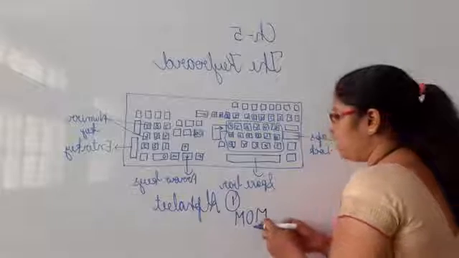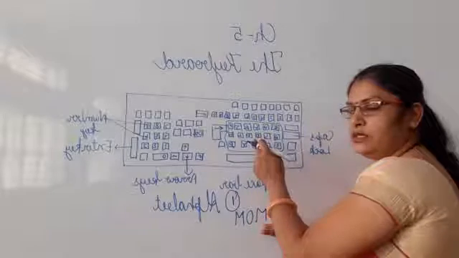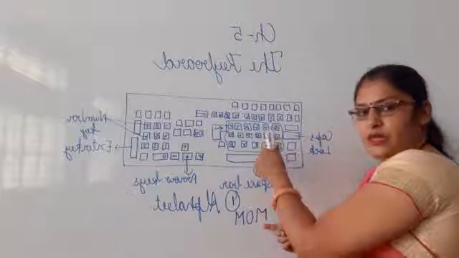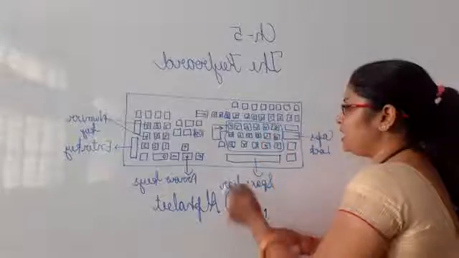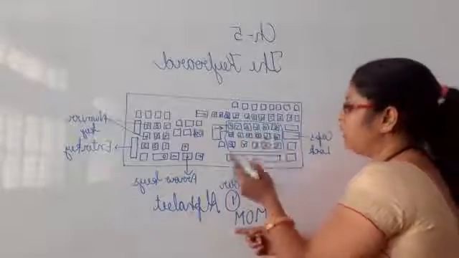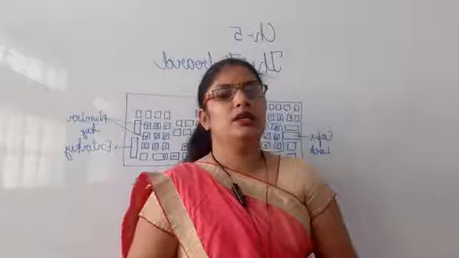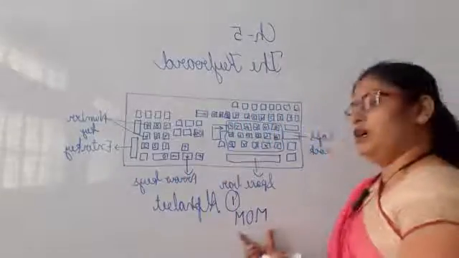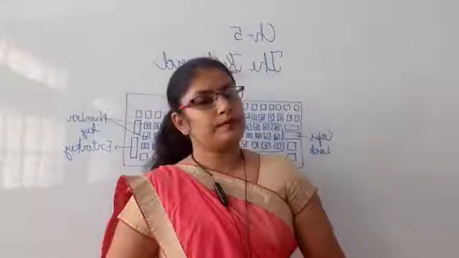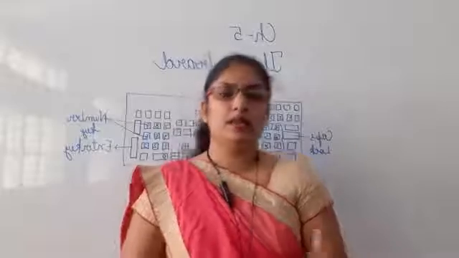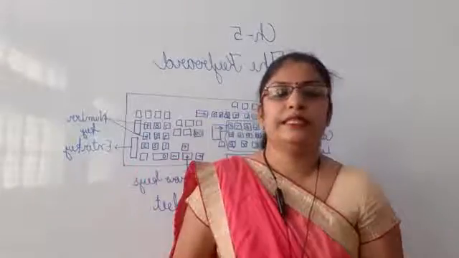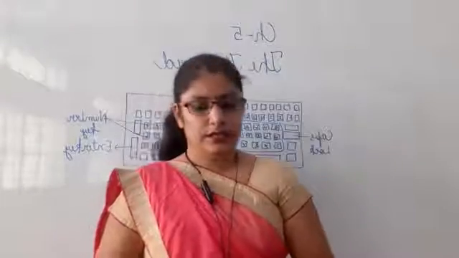If I have to type M, then I will press the M key, then I will press the O key, then again I will press the M key to type this word on the computer. So alphabet keys are used to type letters, words or sentences.